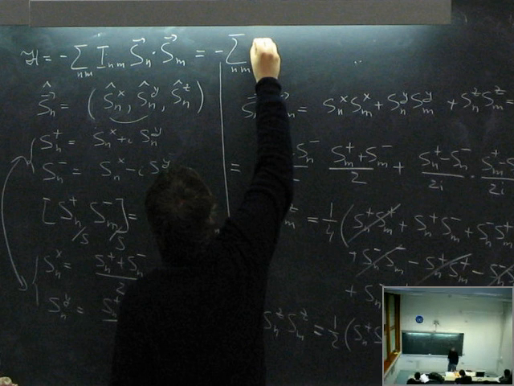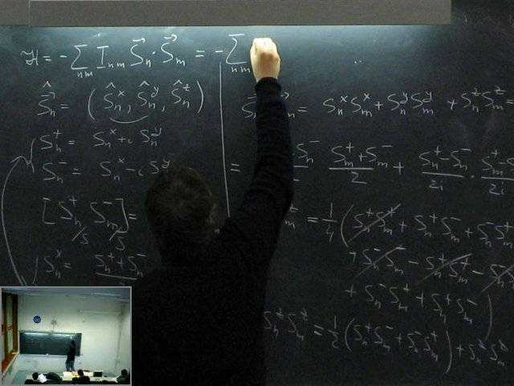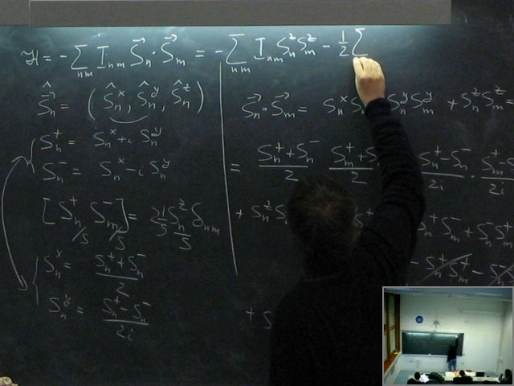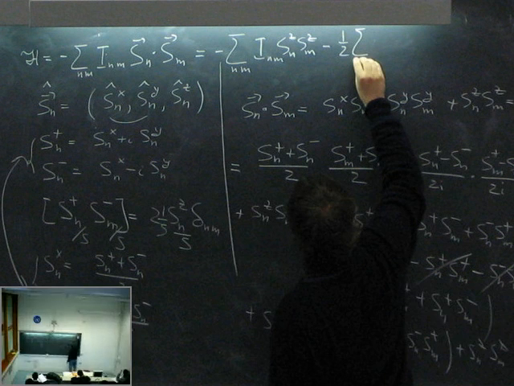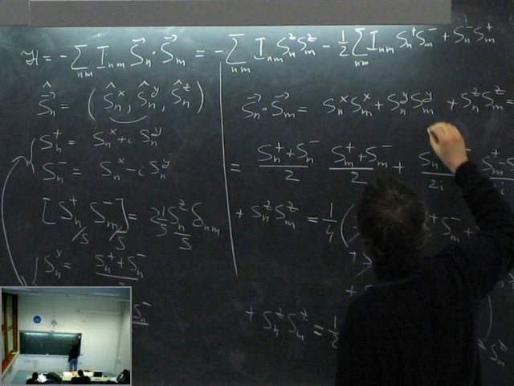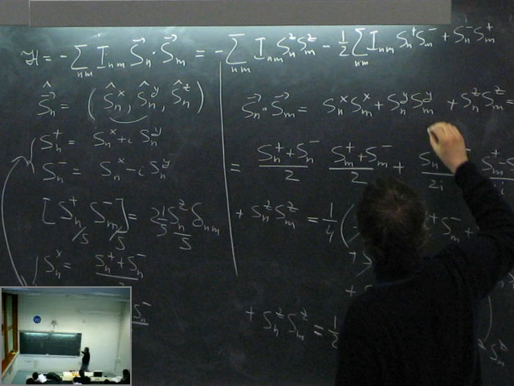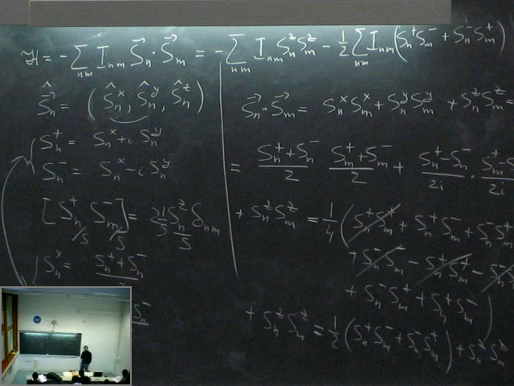I took the last term first, minus 1/2 the sum over n, m of I_nm (S_n^+ S_m^- plus S_n^- S_m^+). But since in this sum n is not equal to m, I exclude the self-action, I can do the following thing.